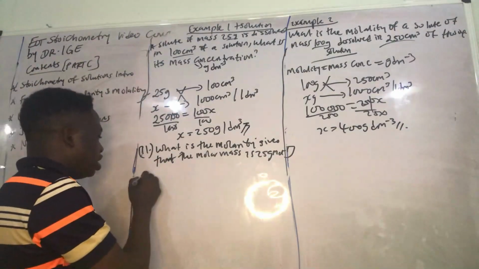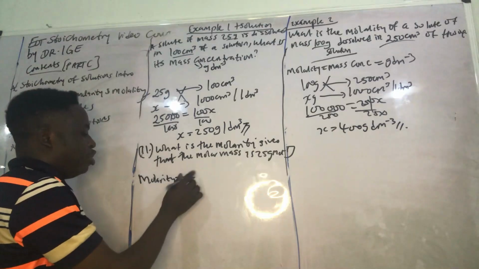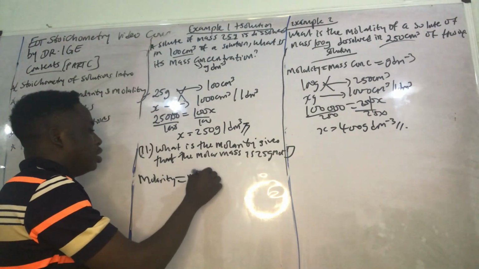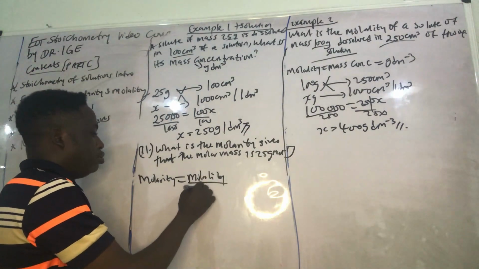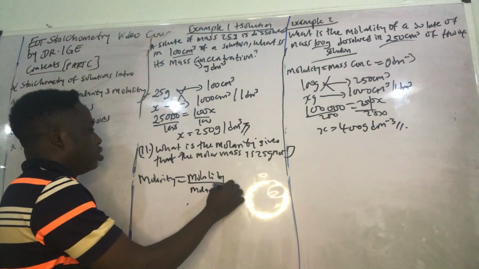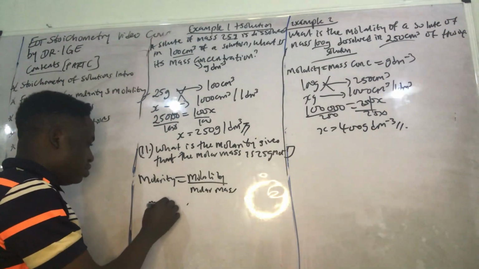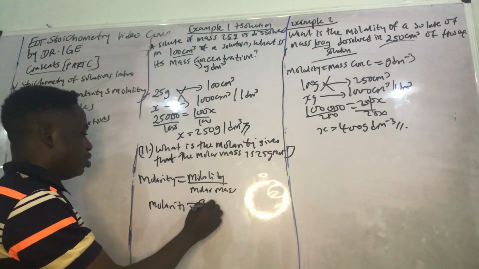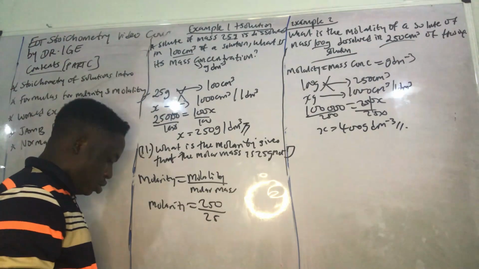Molarity is concentration in gram per dm3 over molar mass. So the concentration is 250, and the molar mass in the equation is 25.